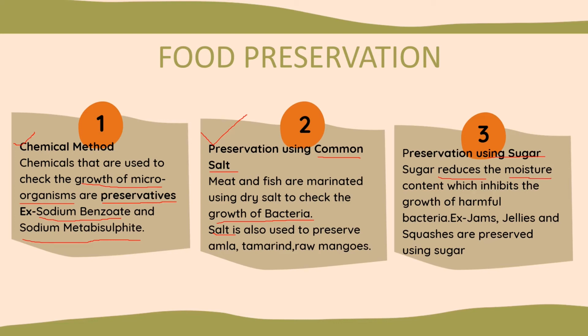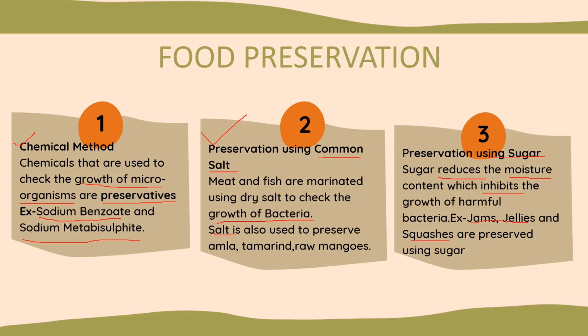When the food is dry, when the moisture is reduced, the probability of growth of harmful bacteria gets reduced. So it actually acts as a microbe inhibitor. Commonly, jams, jellies and squashes are preserved using sugar.